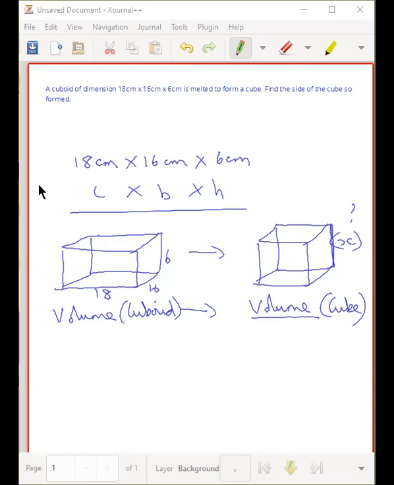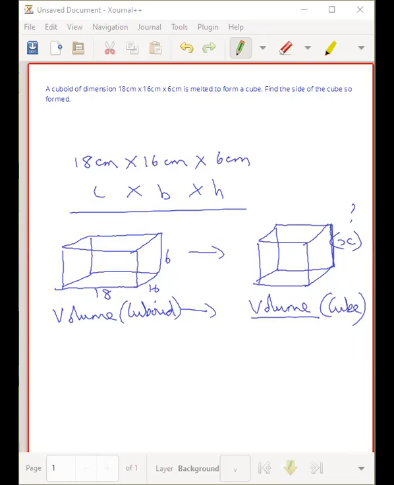Mahuri, that is incorrect. Recheck your working. So Ramya, that is correct. Siddhant Garve, that is the first part, I mean, that is the volume of the cuboid.